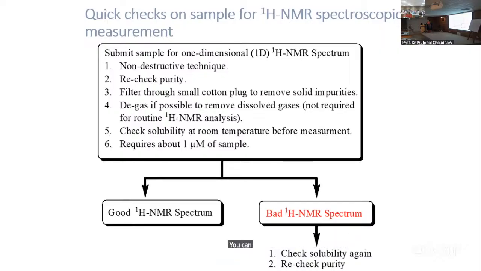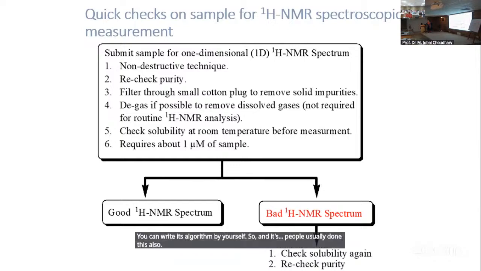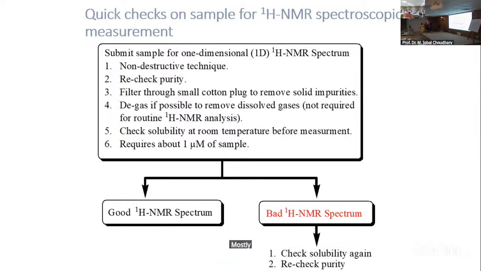You can write the algorithm by yourself, and people usually do this, mostly those working in biomolecules. They sometimes have to write their own experiment.